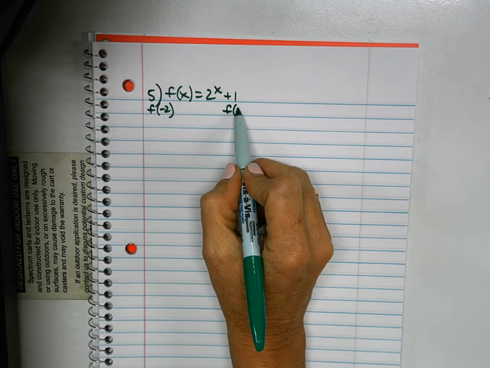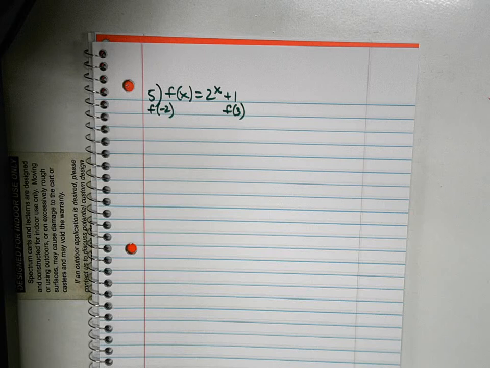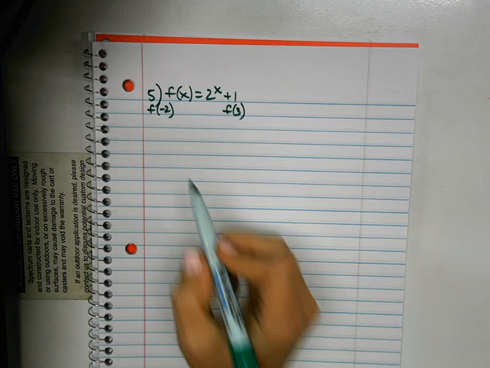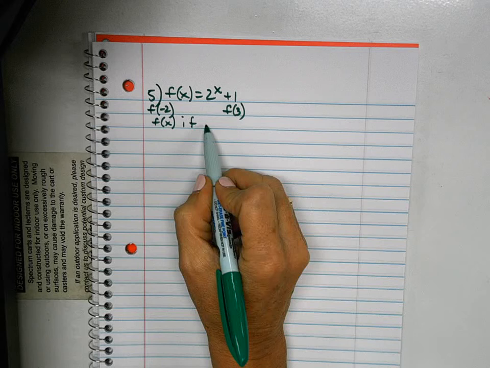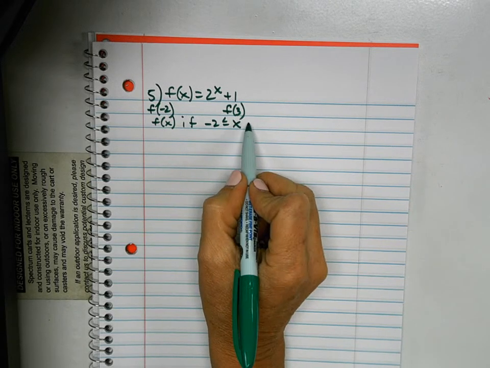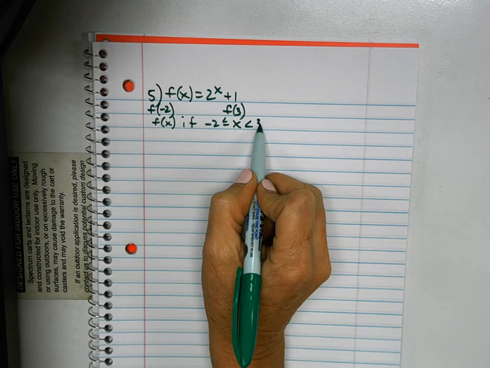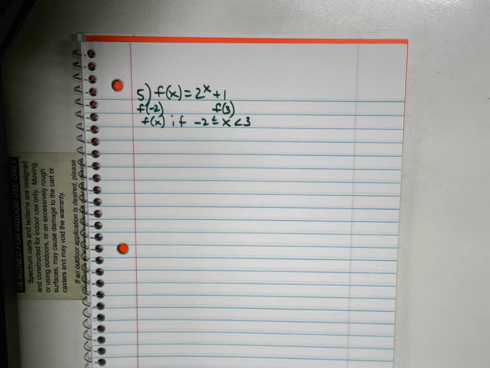So again, when you're given 2 like that, we're going to go between those 2 points. So we're going to sketch f of x if negative 2 is less than or equal to x is less than 3. Those are going to be 2 points we're going to find right away, and figure out if they're open or closed.